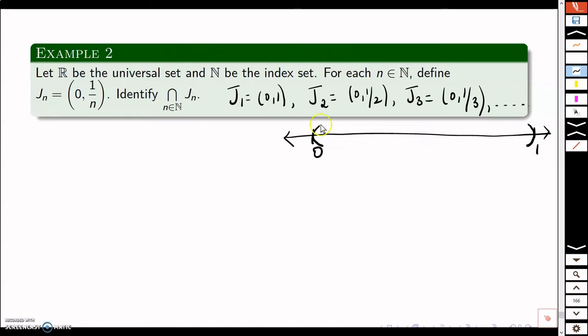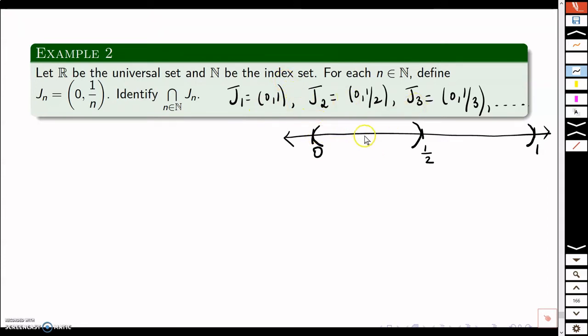Let's look at J_2, that is (0, 1/2). So half is the midpoint of 0 and 1, so it will be here more or less. And this is the interval J_2. If you see now, J_2 has become half of J_1, right? So J_2 is a subset of J_1, you can see.